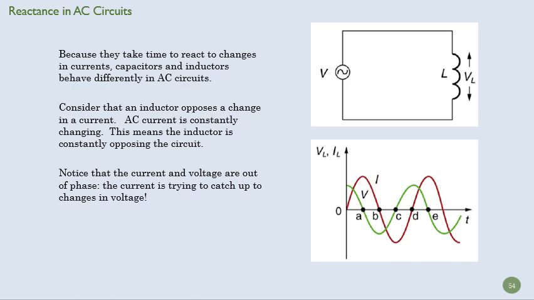It's getting smaller, the voltage is making the current smaller, but it's not able to immediately get it to go in the negative direction because that inductor is resisting the change. And so that phase change that you see here is typical of an inductor AC circuit. The current, we might think of it as trying to catch up at all times with what's happening with the voltage.